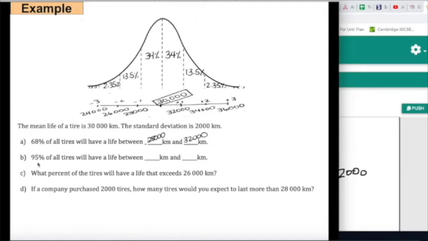Next one, B. 95% of all tires will have a life between what kilometers and what kilometers?